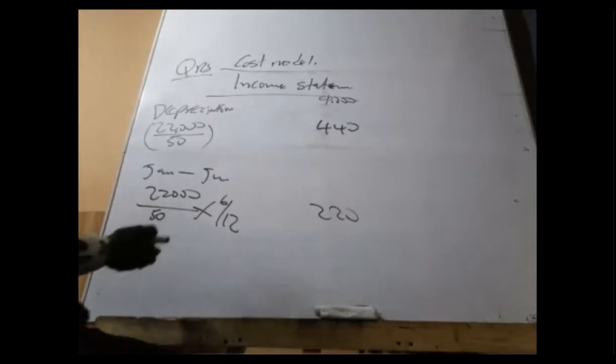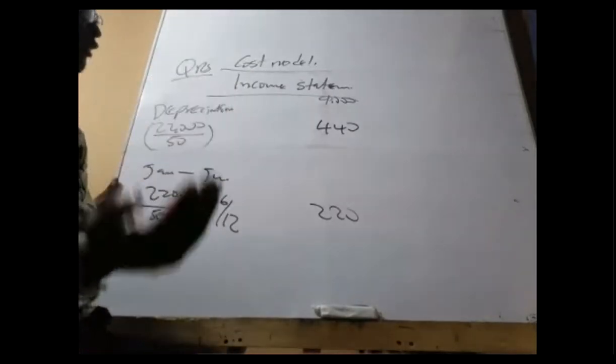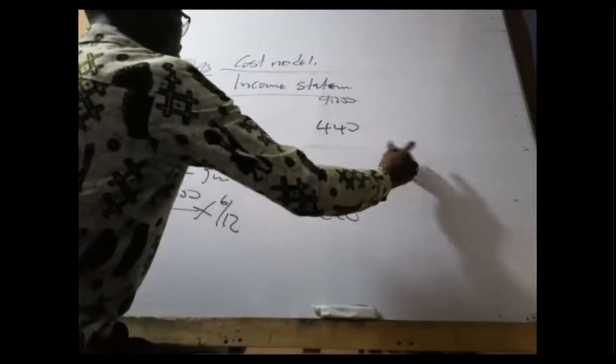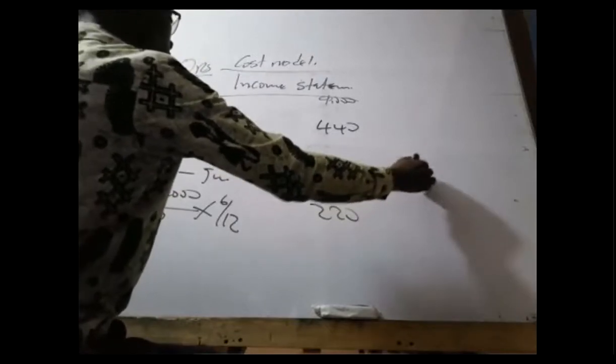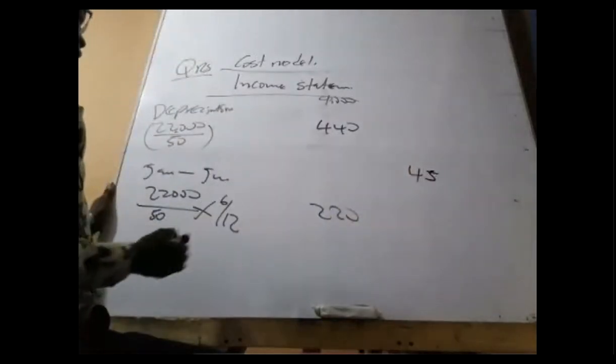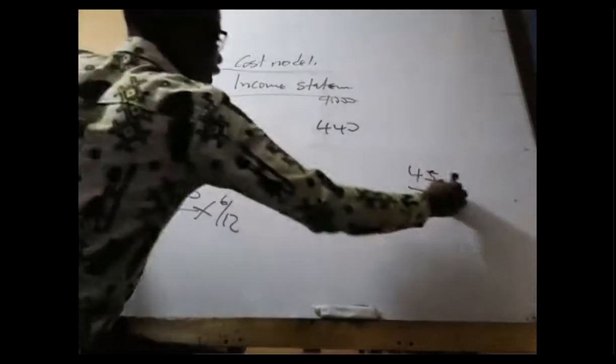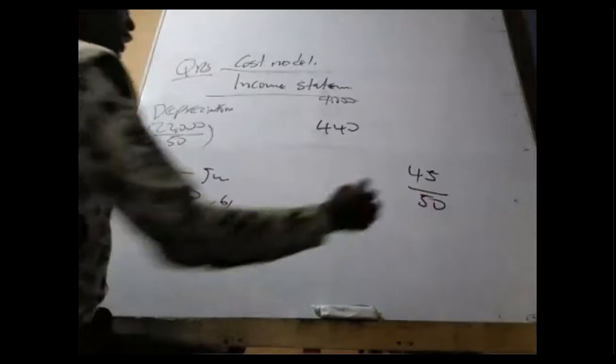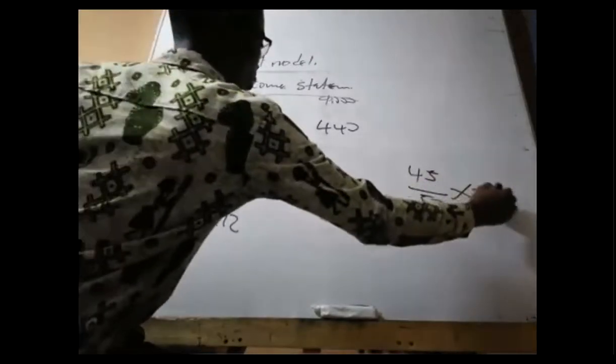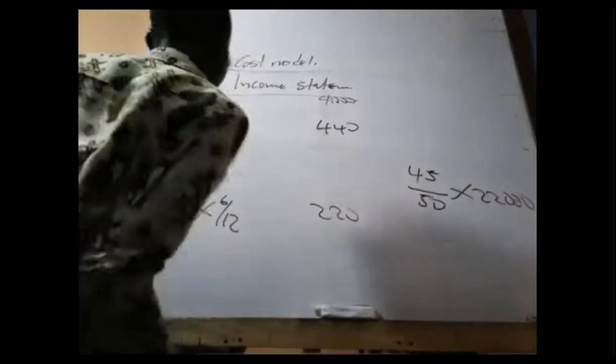Now, the carrying amount of the asset, they've used it for 5 years. So now the carrying amount should be the 45 years remaining, all over the 50 years, times 22,000. What's the answer?